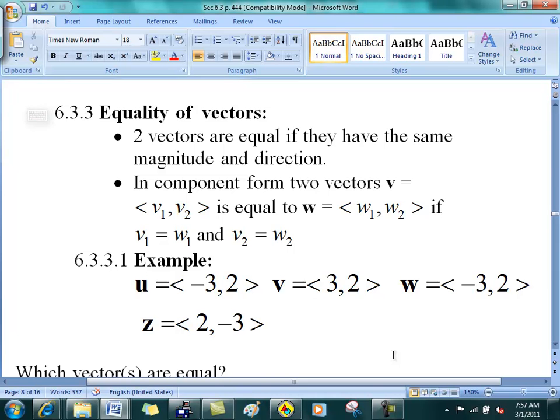We're going to start doing some arithmetic with vectors. Before we can do any arithmetic, the most important sign in mathematics is the equal sign. Because there's a plus and then there's a minus, how do you know whether a plus is more important than a minus?